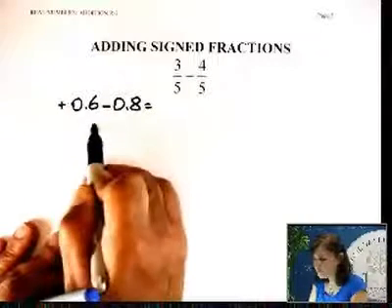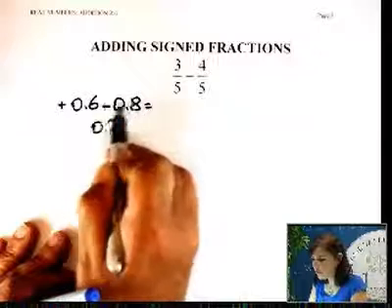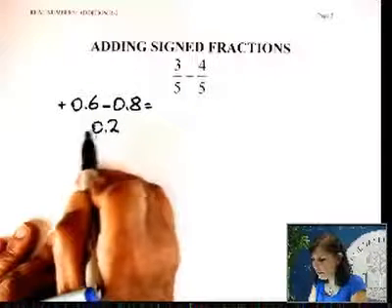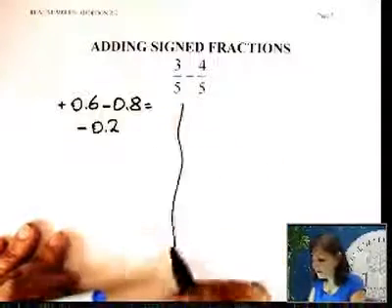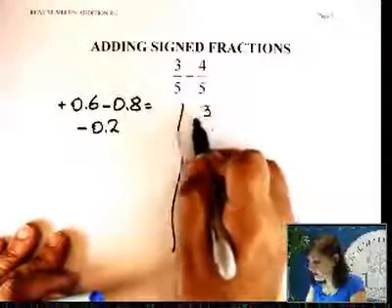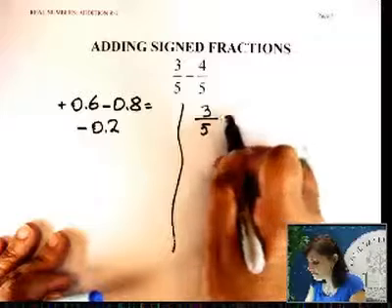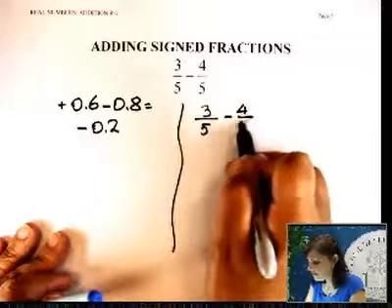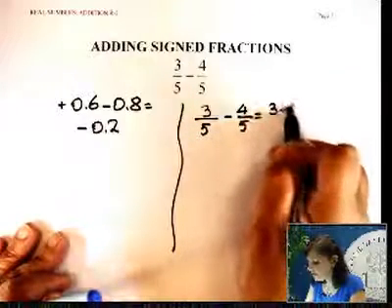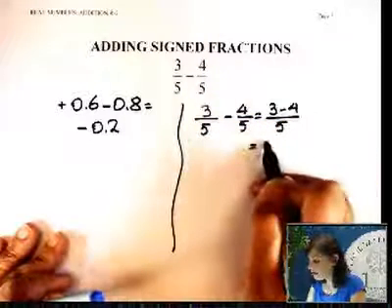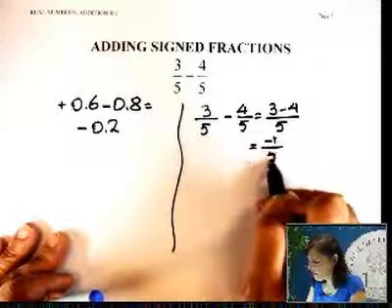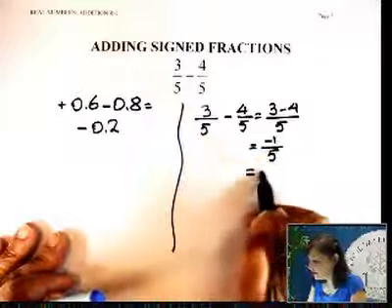Take the difference, which is 0.2. And then it is together with the 0.8, so it's negative. That's one way. The second way is you can do this. Write this down, 3 minus 4. And I know what 3 minus 4 is. That's negative 1. And negative 1/5 is negative 0.2.